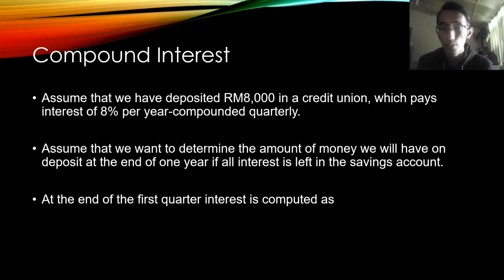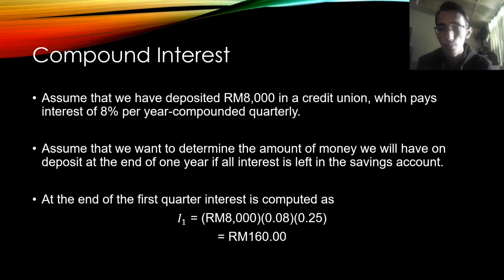At the end of the first quarter, interest is computed as I1, the interest for the first quarter, equal to the principal, which is 8,000 ringgit, times 0.08, which is the interest rate, times 0.25, and we get the answer 160 ringgit.